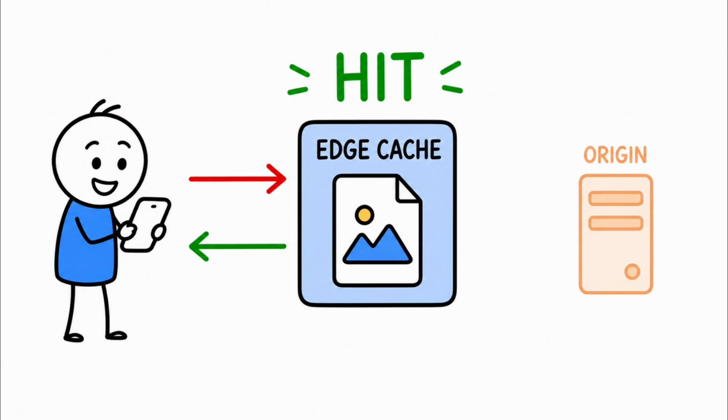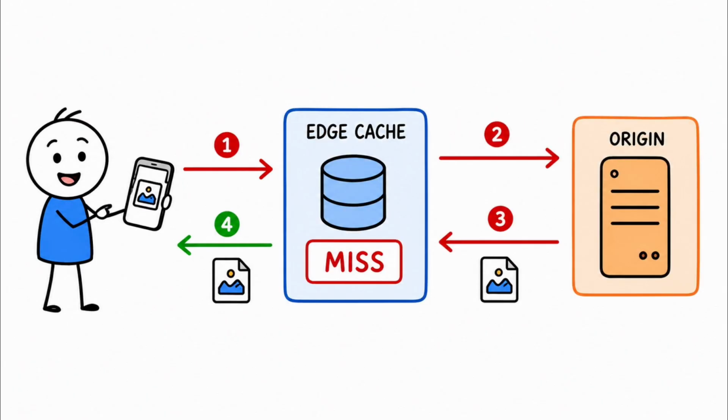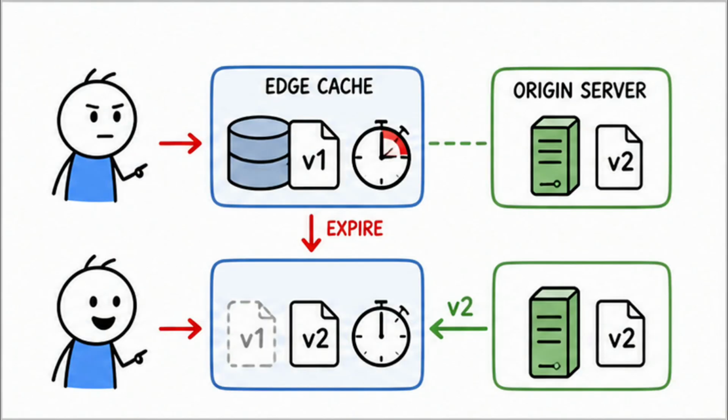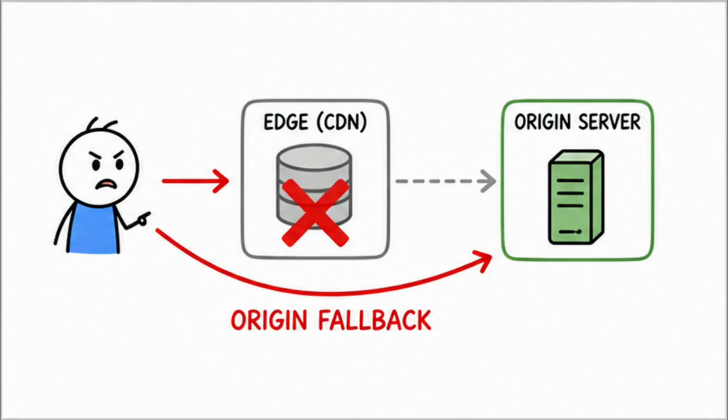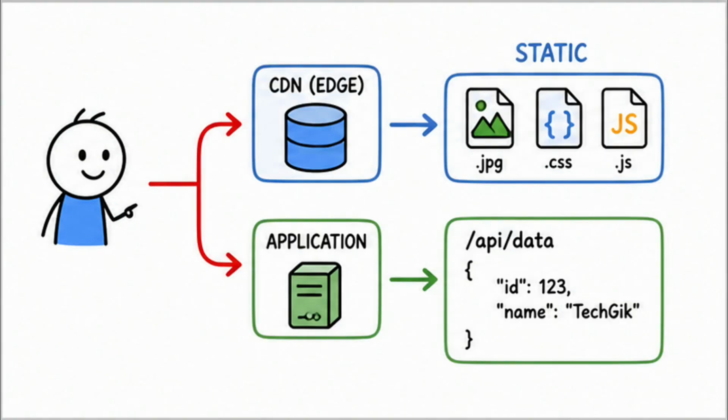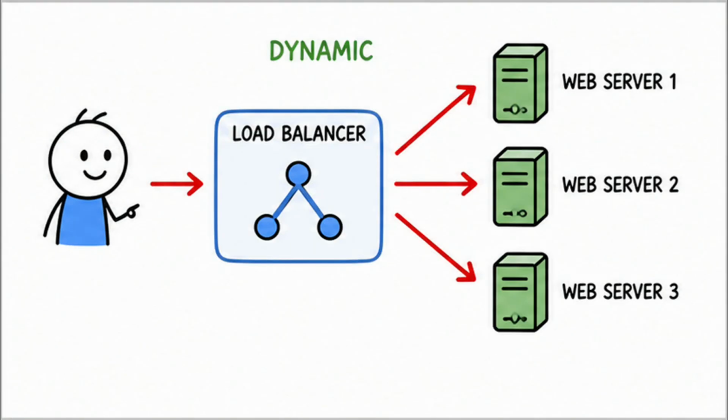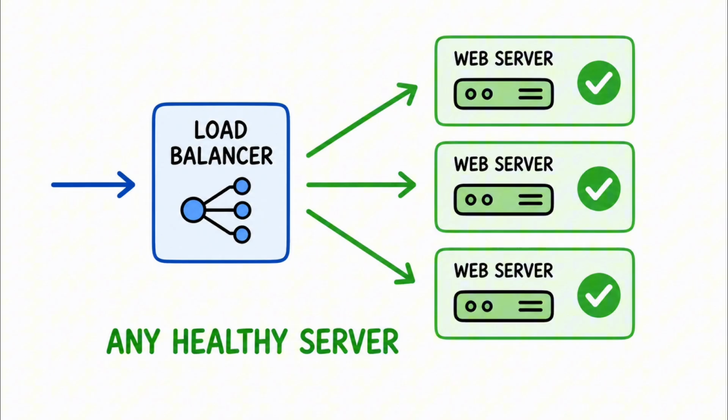An edge serves a cached file directly or retrieves it from the origin when the file is missing. Those files still need expiration or versioning, along with an origin fallback if the CDN becomes unavailable. With static files handled separately, dynamic requests still pass through the load balancer to the web servers.